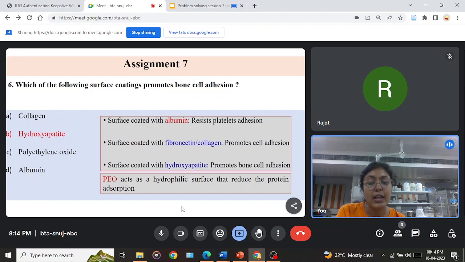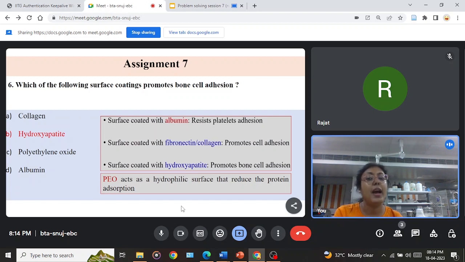Polyethylene oxide acts as a hydrophilic surface that reduces the protein adsorption. If you want any surface wherein you want to reduce the protein adsorption, you can coat the surface with polyethylene oxide, which acts as the hydrophilic surface.